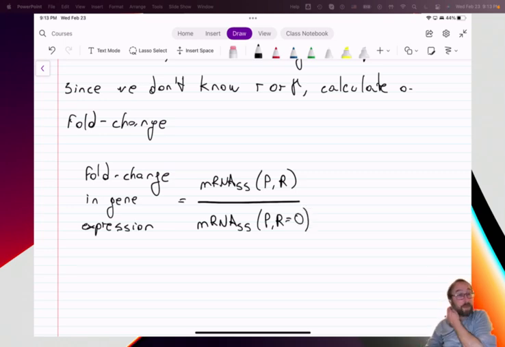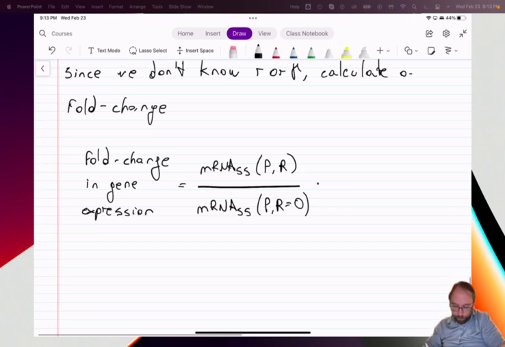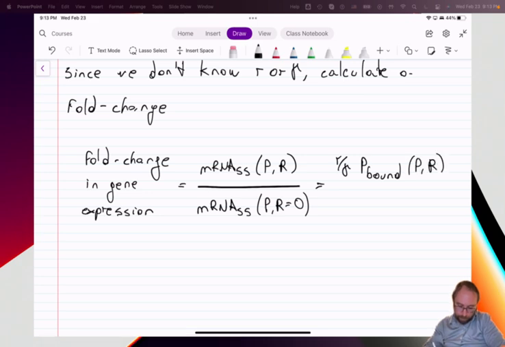Imagine that I can do an experiment where I have repressors and I measure the number of RNAs, and I do another experiment where I got rid of the repressors, and then I measure the RNA, and I just take the ratio. Now, the cool thing is that this is R over gamma times P bound of P, R, divided by R over gamma times P bound of P, R equals 0.